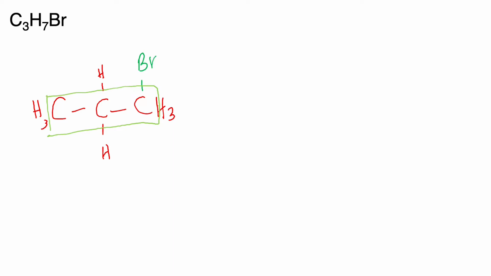Now, positional isomerism means they still have the same skeleton. However, the position of the functional group change, which is from first carbon, it changed to second carbon. So we have this, and this one.